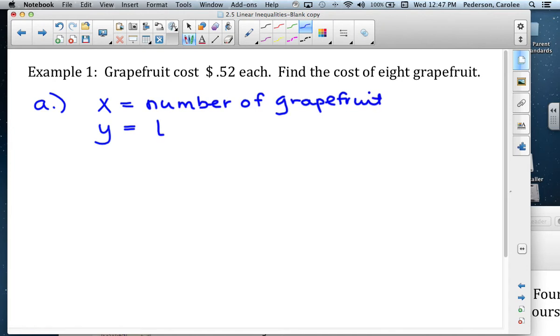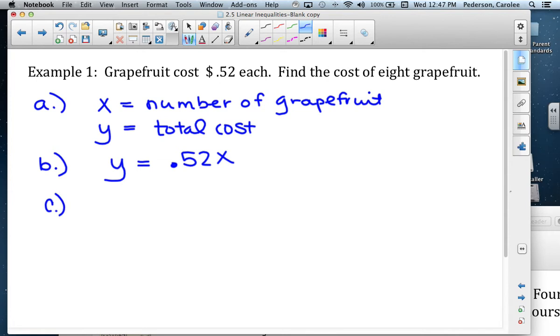Y represents the total cost of our grapefruit. Part B, we want to set up the equation. Y is the total cost, 52 cents for every grapefruit.